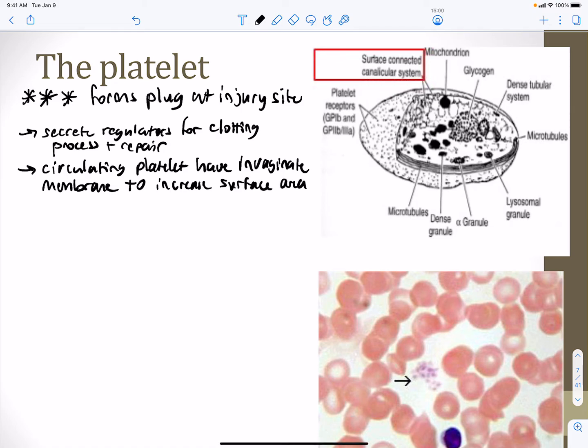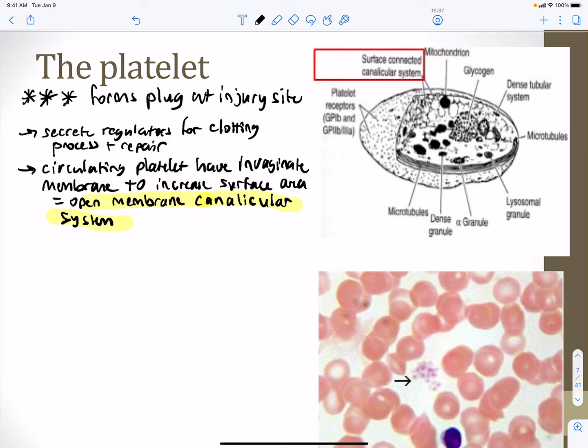This is known as the open canalicular system. The canalicular system allows the platelet to interact more with its environment because it has more of that surface area, as I said before.